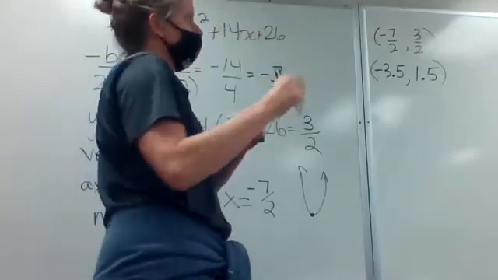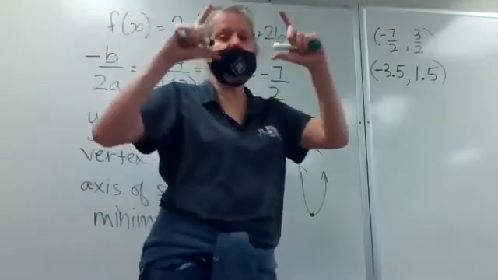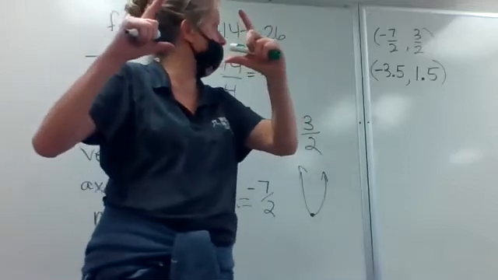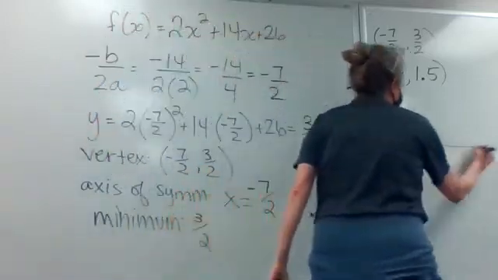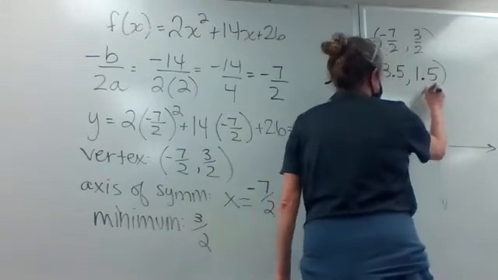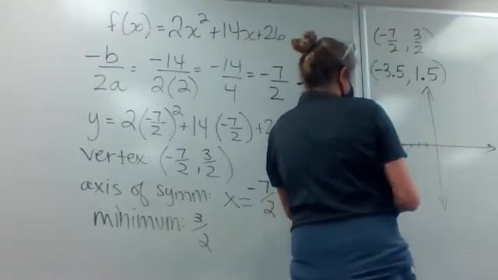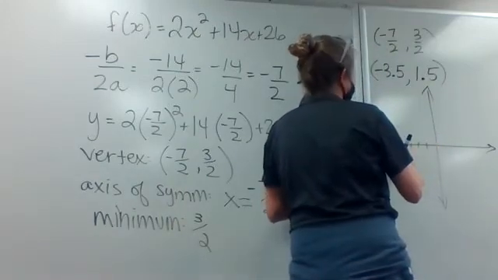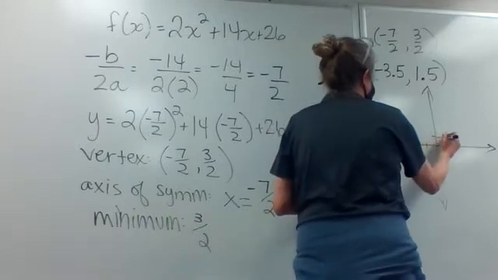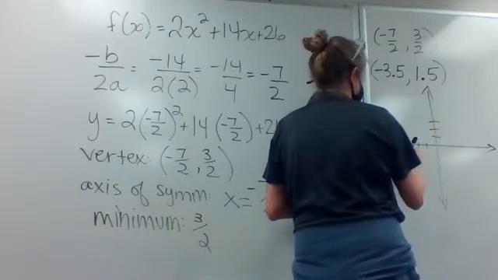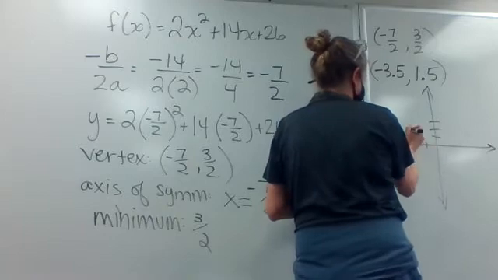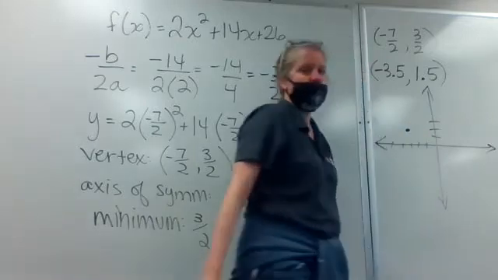Up in the top right, it'll have like a cheap ordered pair. So you want to make sure that you go -3.5, and then 1.5, to plot your vertex.